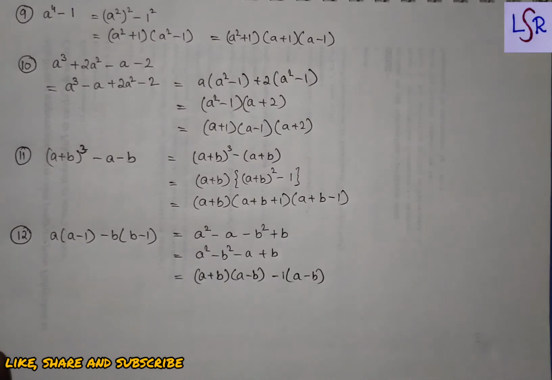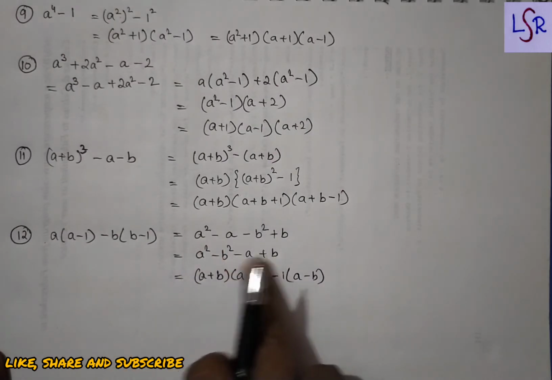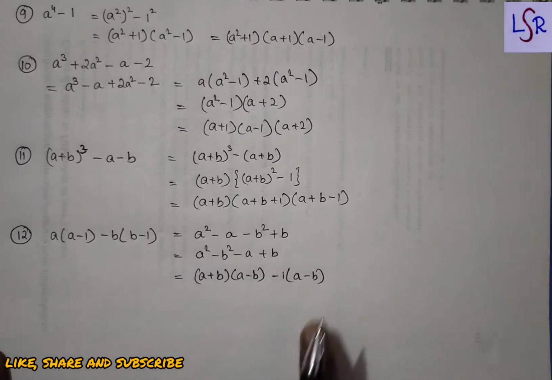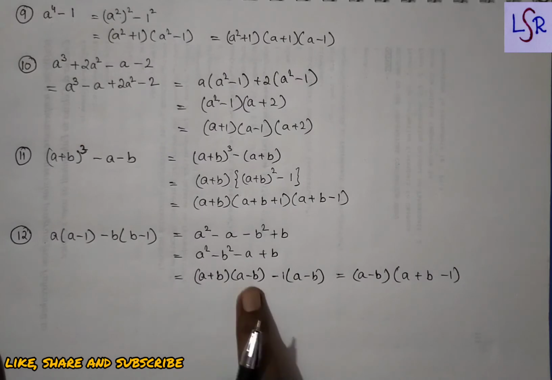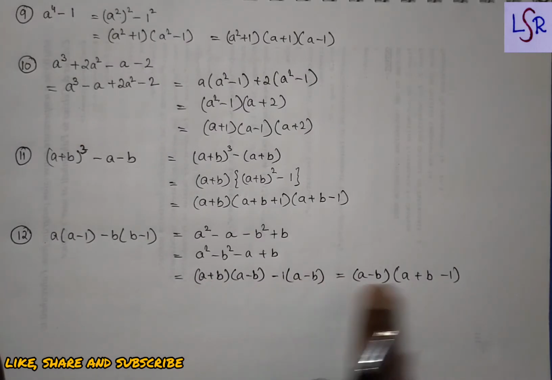So here we have got this expression, a plus b and a minus b from a square minus b square, and from here we have taken minus 1 common, so we have got a minus b. Now we can take a minus b common from these two, and from here, after taking a minus b common, we have got a plus b from here and minus 1 from here.